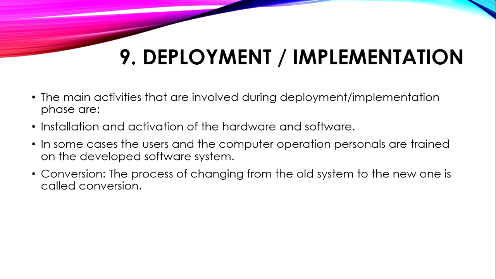The main activities of this phase are installation and activation of the hardware and software. In some cases, users and computer operation persons are trained on the deployed software system. Conversion, in this process, changing from the old system to the new, is called conversion.